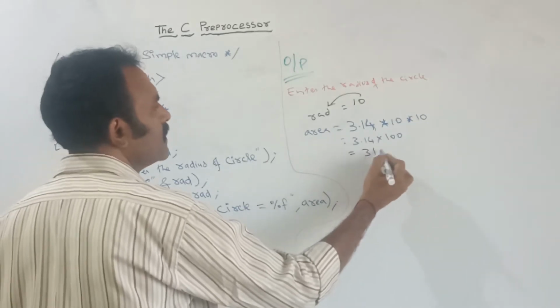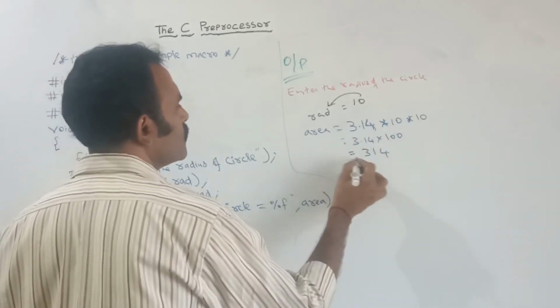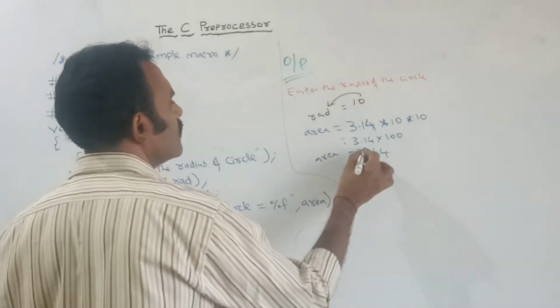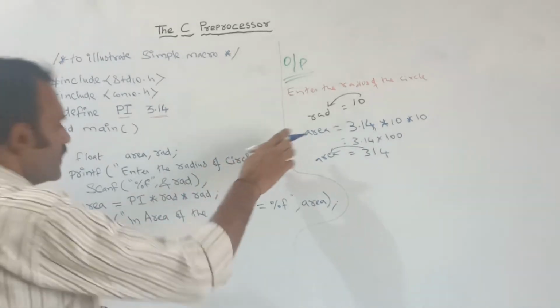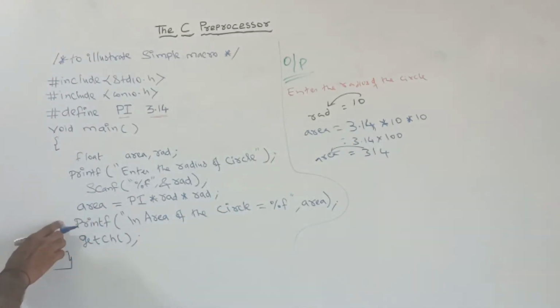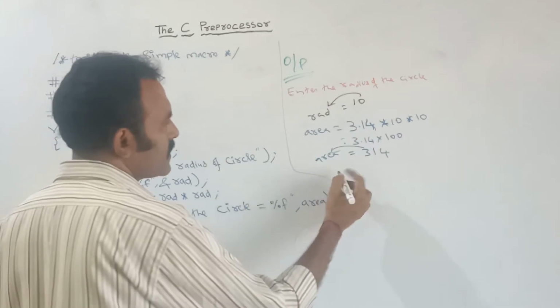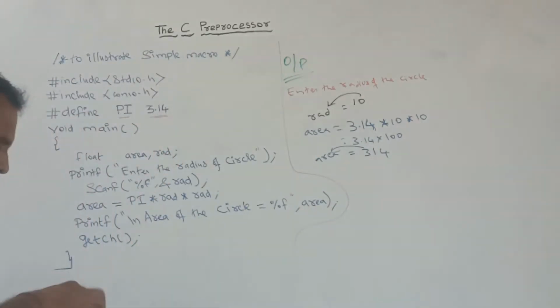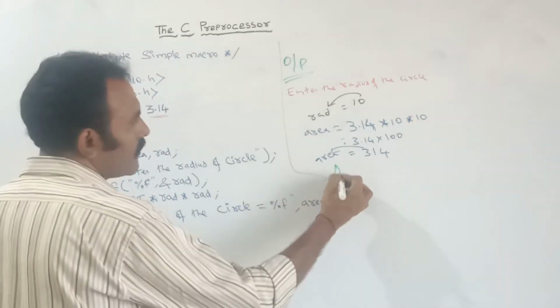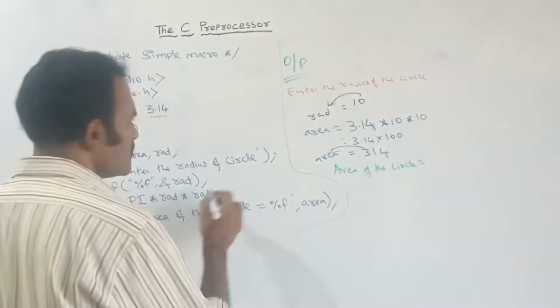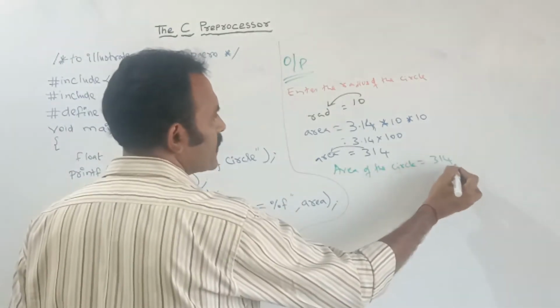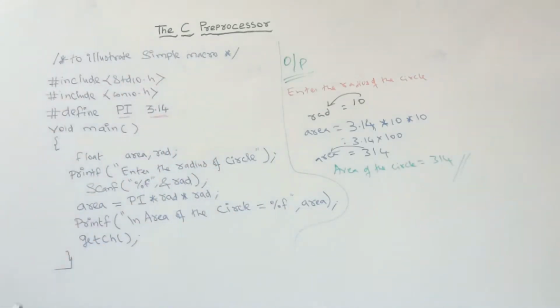Finally the result 314 will be stored to area. And at this step we have calculated the area. Next here printf, the area of the circle is equal to, the output will display like this. Here what is the area? 314. This is the output. So this one is the simple macro.